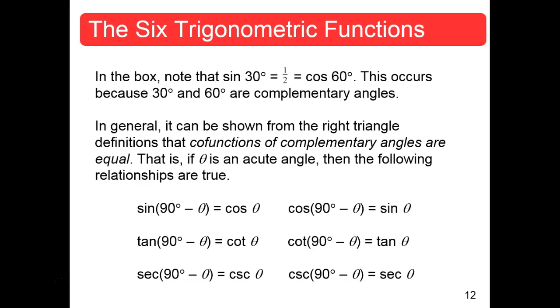Now, in that box, note that the sine of 30 degrees is 1/2, and that's also the cosine of 60. That's what I just pointed out to you. That occurs because 30 degrees and 60 degrees are what kind of angles? Complementary angles. They complete each other. They add to be 90. Okay?